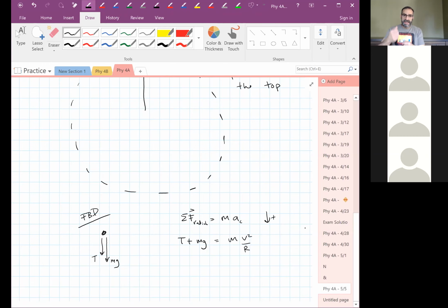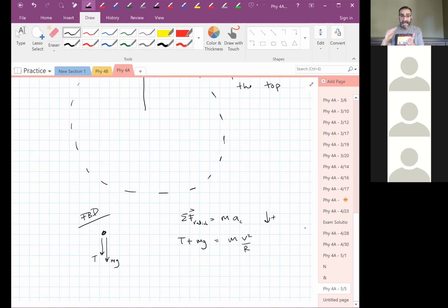So we have this string that applies a really big tension force, keeping it moving in a circle. Now we slow it down. We don't spin it quite as fast. The force of gravity does not change, so the tension must get a little bit smaller. We don't need as much force to keep our object moving in a circular path.